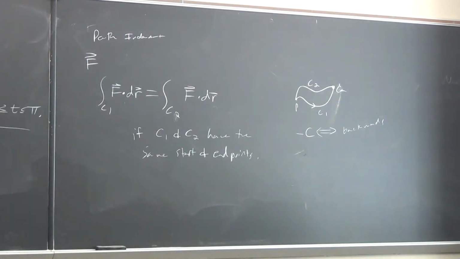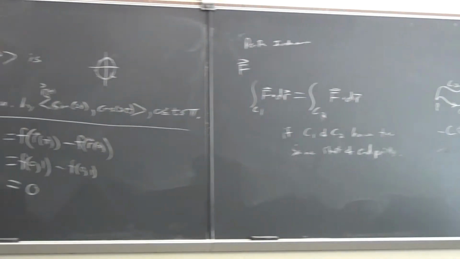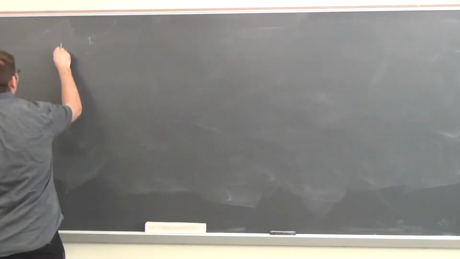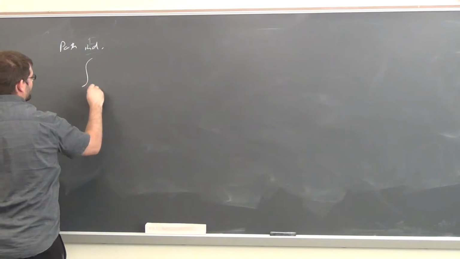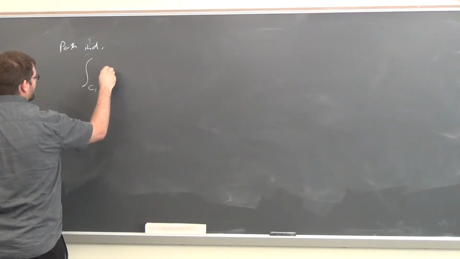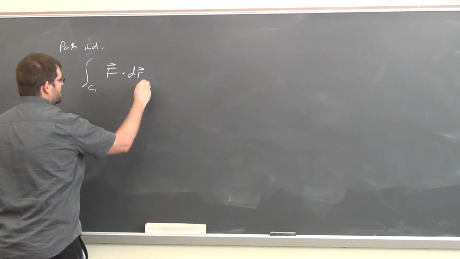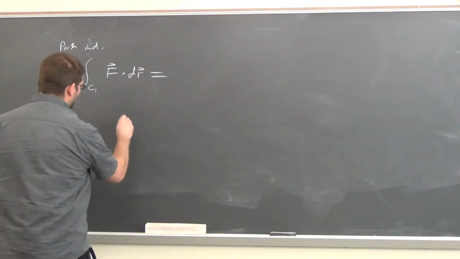And so this isn't a full proof of anything, but let me just say this. Path independent means that the integral over C1 of your F dot dr would be, so again, keep in mind, I'll draw this picture back up here.